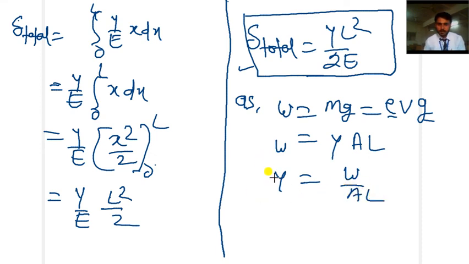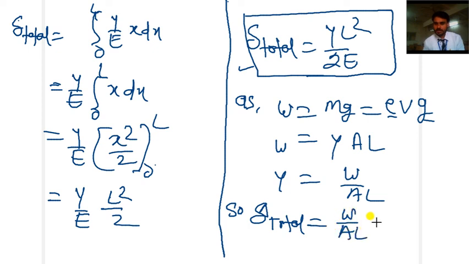If we put the value of gamma in that equation, we will get the del total in terms of W. So del total will be equal to, in the place of gamma we will put W by AL, and here we also have L square divided by 2E.